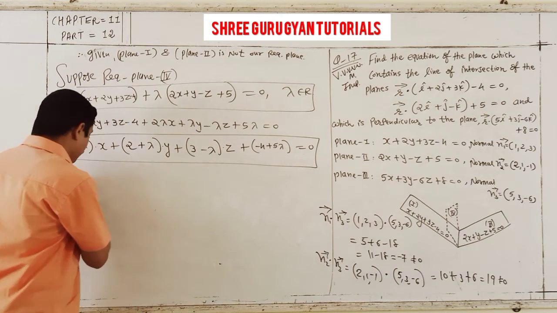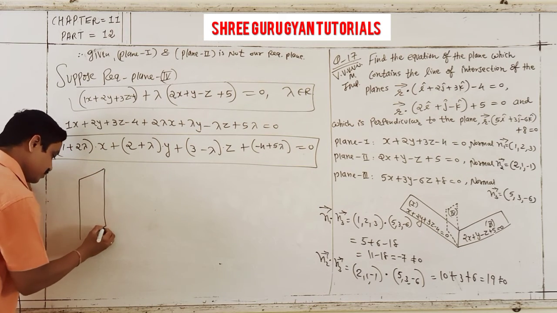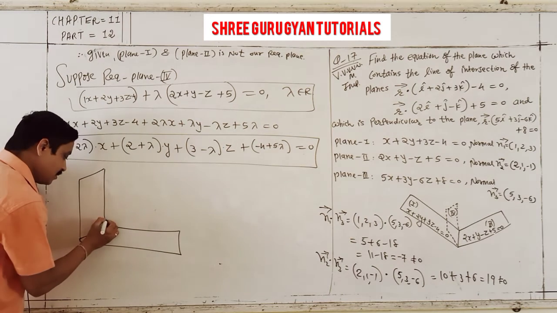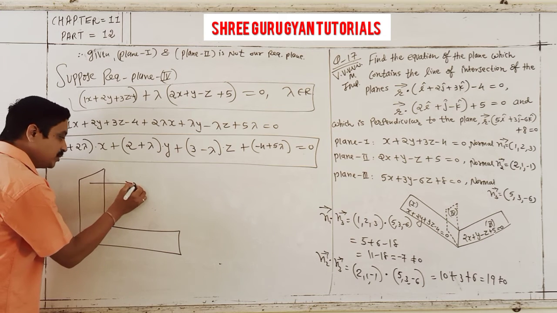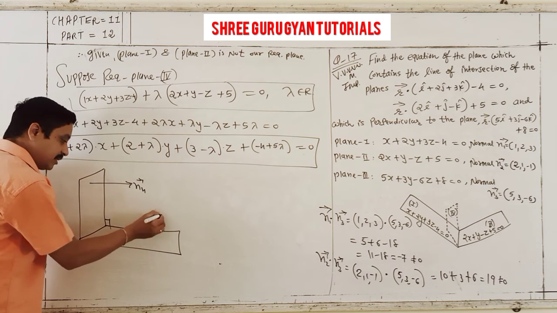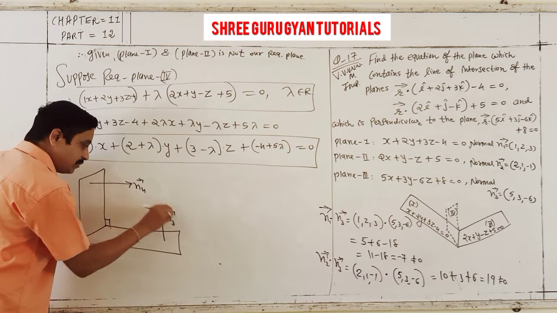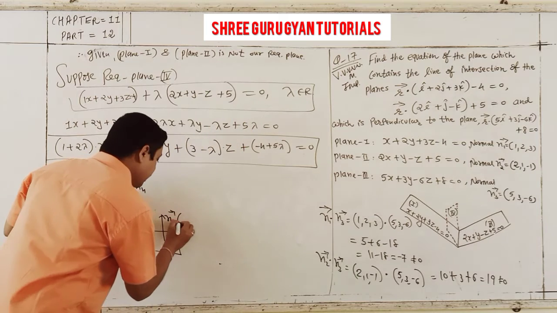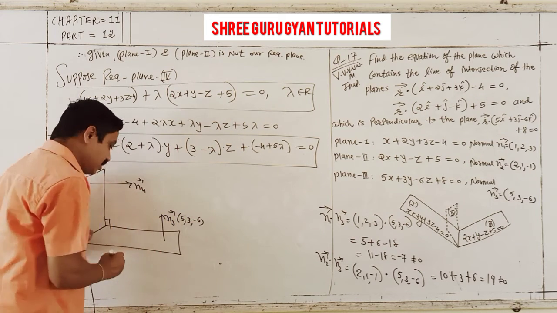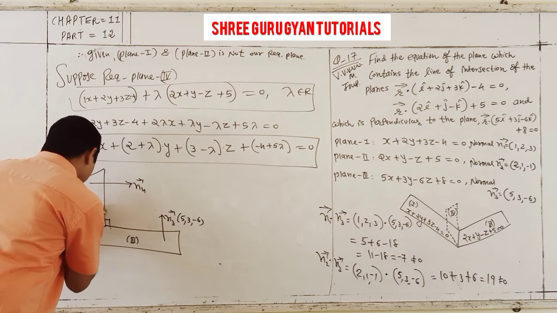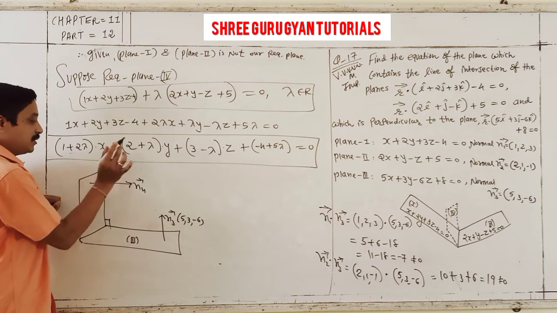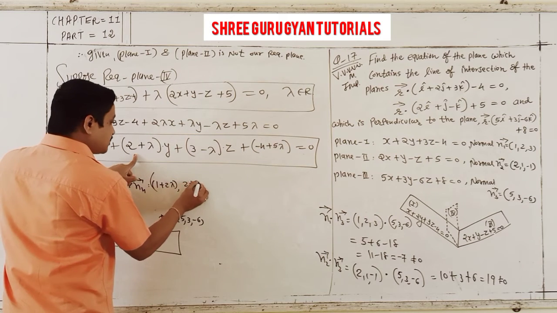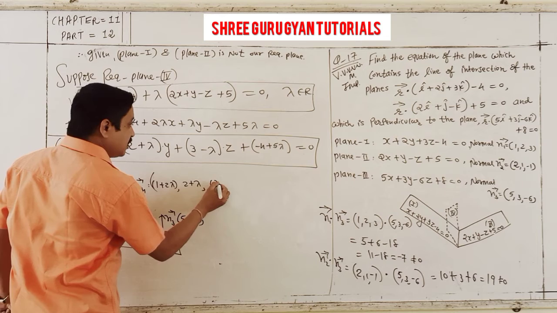Now students, this is plane 4. I will draw here, which is perpendicular to plane 3. So here, this is the normal of plane 4, and that is the normal of plane 3, and the plane 3 normal is already known, students, here (5, 3, minus 6), and plane 4 normal is covered to (1 plus 2 lambda, 2 plus lambda, 3 minus lambda).